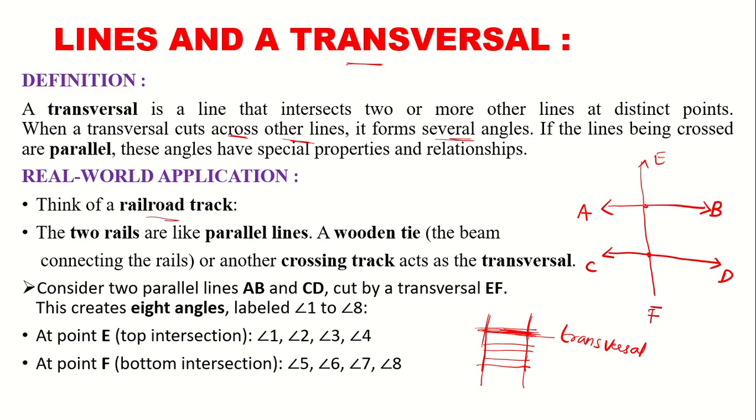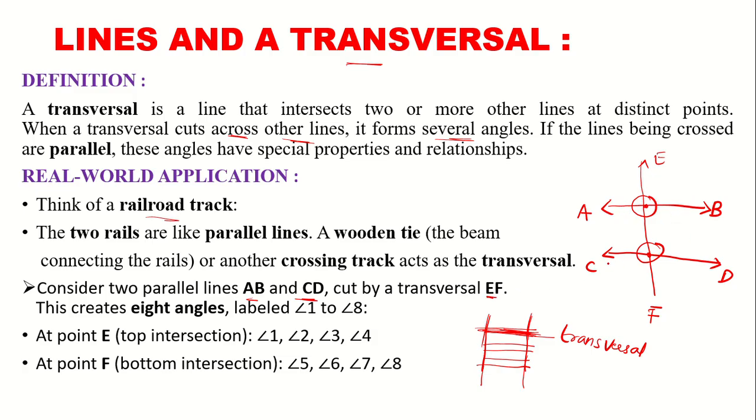Okay, as you can see here, four angles will be formed here. Similarly, here also four angles are formed. So consider two parallel lines AB and CD, which are cut by a transversal EF.